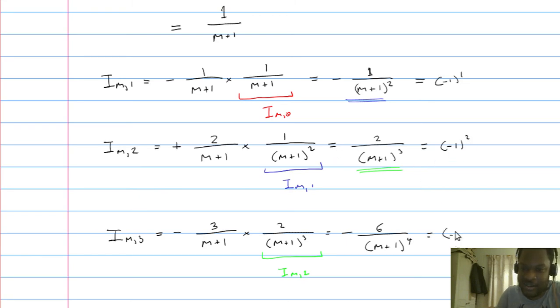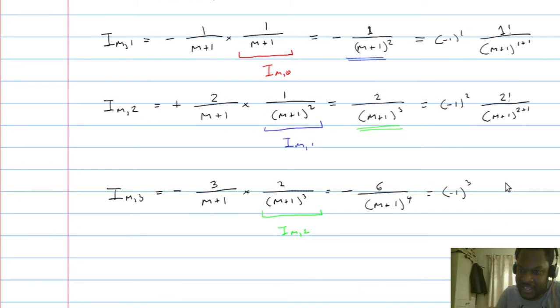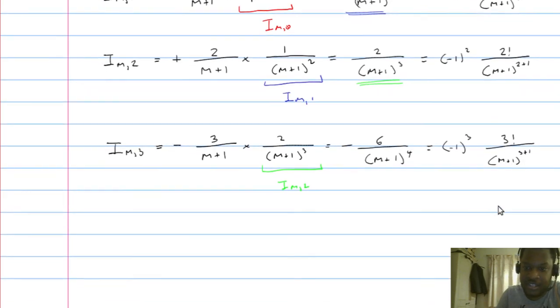And I can see a minus 1 cubed here, and I can see a 1 factorial over m plus 1 to the 1 plus 1, and I can see a 2 factorial over m plus 1 to the 2 plus 1. You can see what I'm doing here. And that's going to be a 3 factorial. So 6 is 3 times 2 times 1, which is 3 factorial, times m plus 1 to the 3 plus 1. And I think you can see what the pattern's going to be.